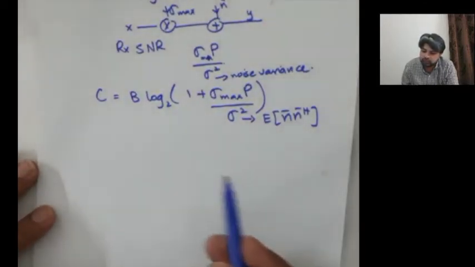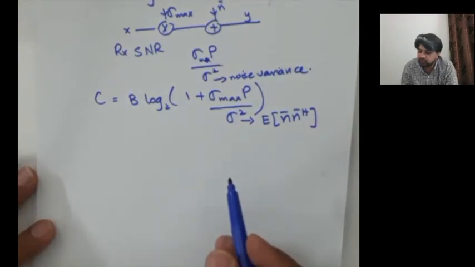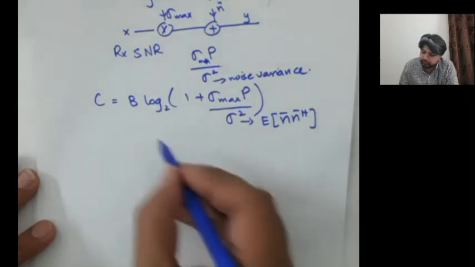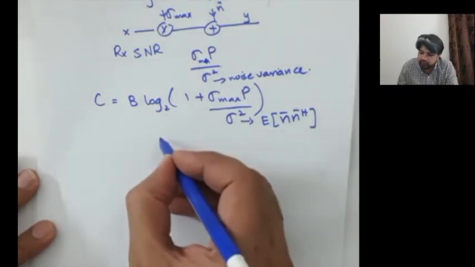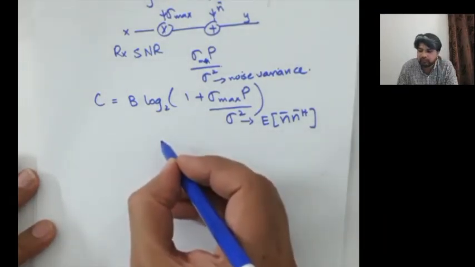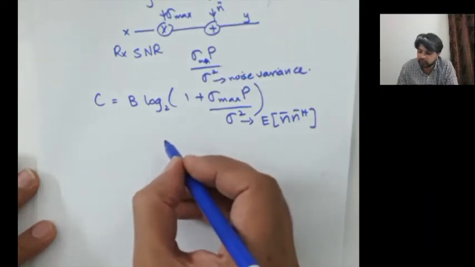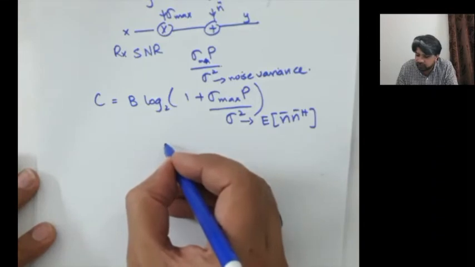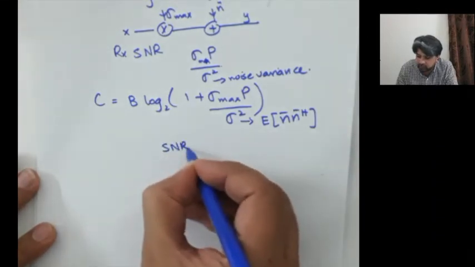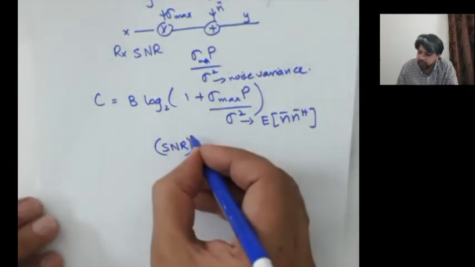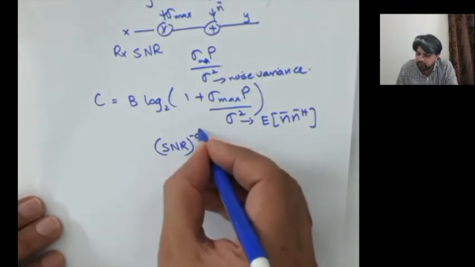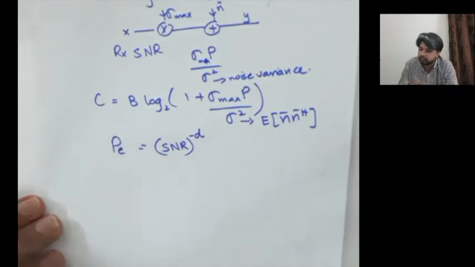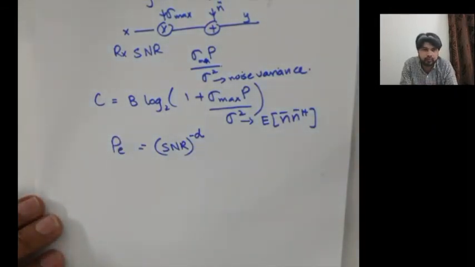So what is the maximum diversity gain here, by the way? That would depend upon how many independent multipaths you would have. So for diversity gain, you would define your signal to noise ratio, and this to the power minus d would be your error probability.